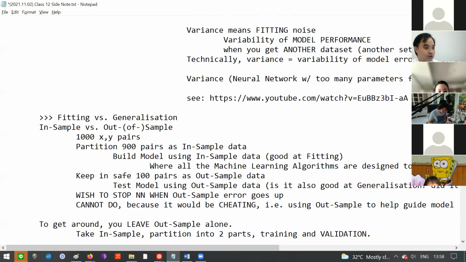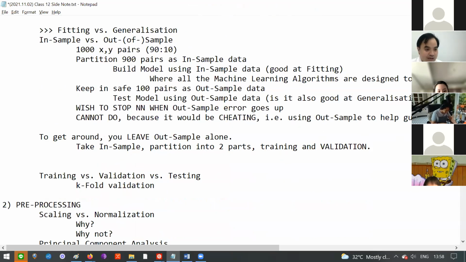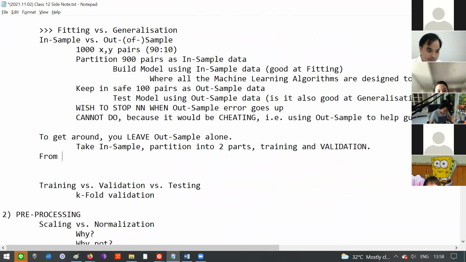So now, let's say I have here a 90% split, right? So now you take the 90-10 split, and then you separate the 90 into something, let's say 70-20.